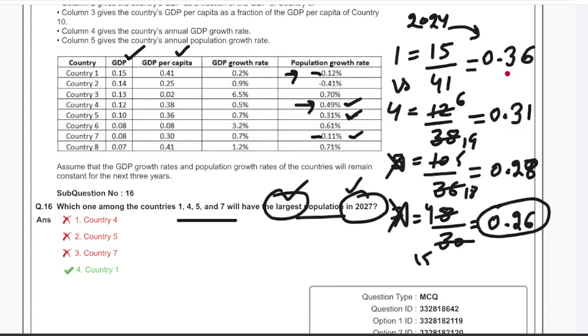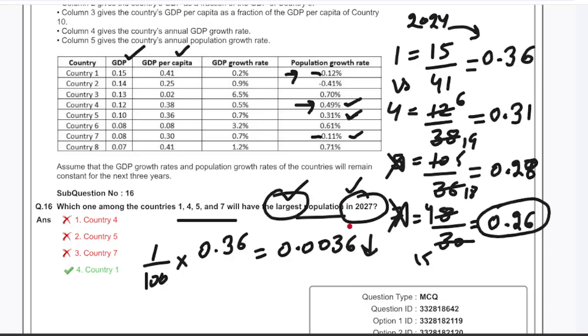I hope you guys are understanding it. If I find out 1% of 0.36, let's take it as minus 1 and it's plus 1. Let's just round it off. It is 0.36, the value is going to be 0.0036. So the value will decrease by this number. So it still remains 0.35 something. And if I find out 1% of 0.31, that is 0.0031.